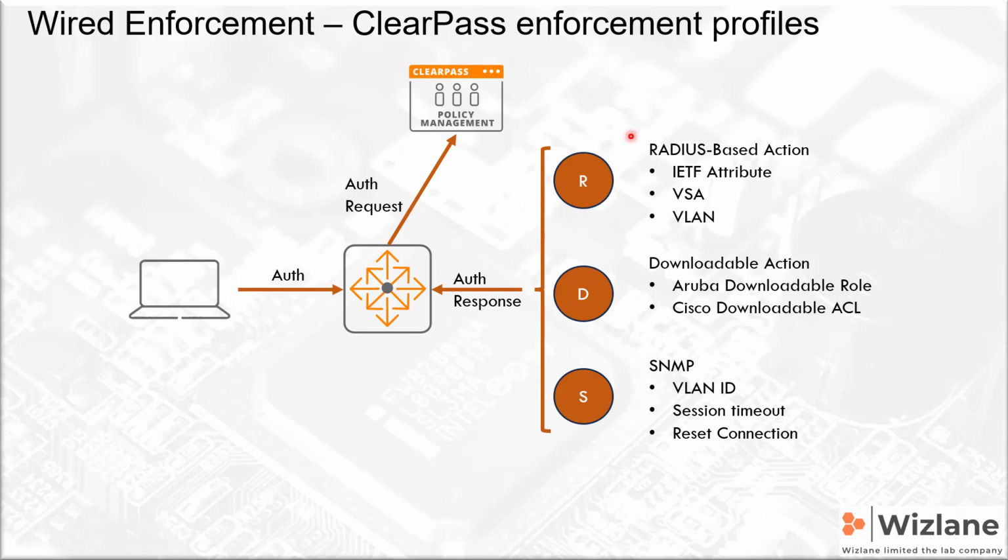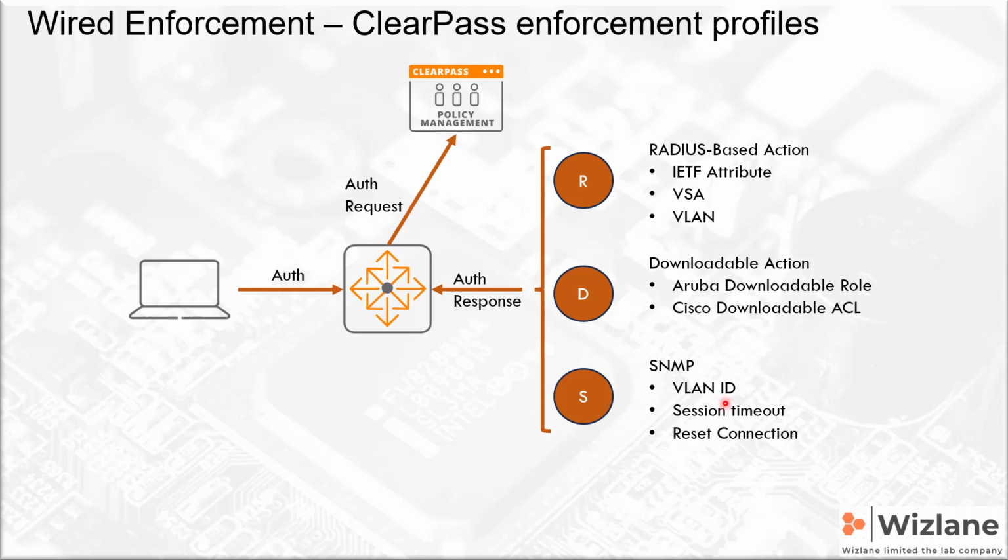So they might have RADIUS-based actions like IETF attribute, VLAN assignment, vendor-specific attribute, or might be a downloadable action, for example, a downloadable role, which we will talk about later, user role, or if that NAD device was a Cisco device, then that will be a Cisco downloadable access control list.